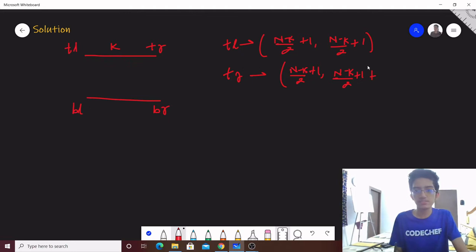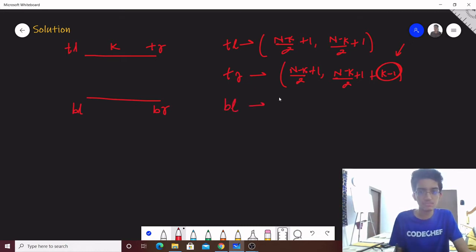We need to add k minus 1. Since k is the length, we add k minus 1. This is important. We don't add k, we add k minus 1. I think just ponder over this, why we are adding k minus 1 and not k, because explaining this will deviate us. Okay, now moving on.